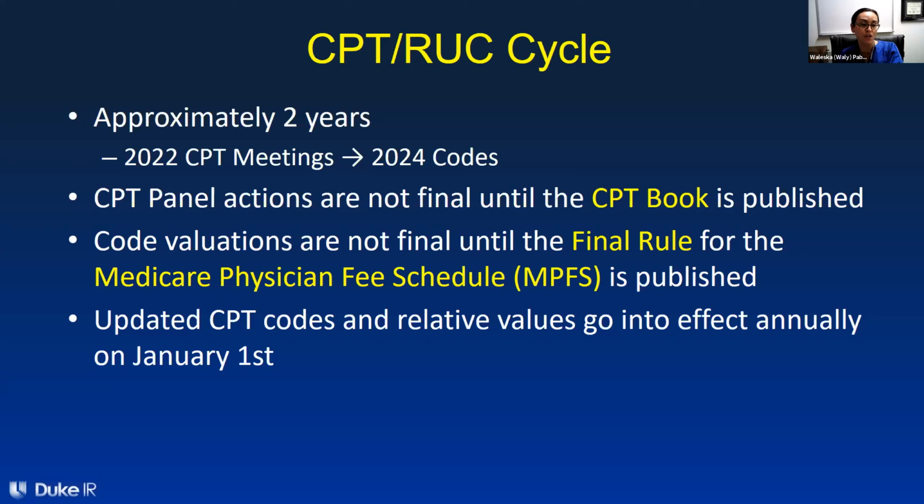Those are category 1 codes. The CPT panel actions are not final until the CPT book is published. And then code valuations are not final until the final rule, CMS's final rule for the Medicare physician fee schedule, is published in November. Updated CPT codes and relative values go into effect annually on January 1st.